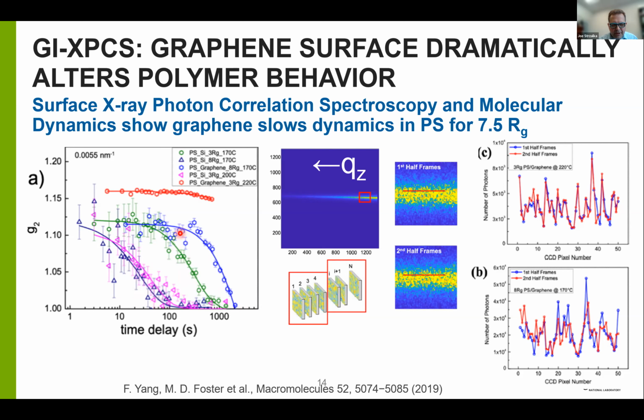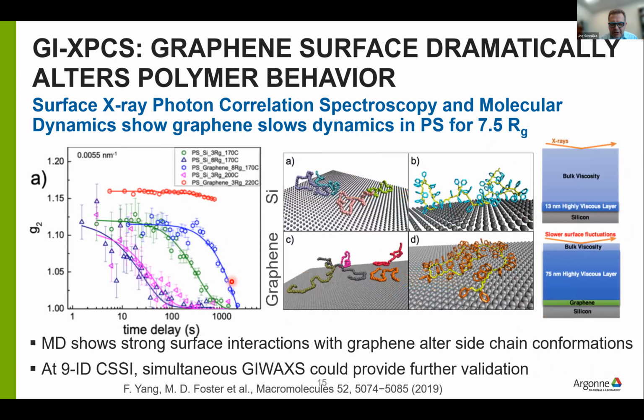And so putting down a graphene interlayer between the silicon substrate and the polystyrene film really slows things down. Actually, the red one is with comparable thickness to the other colors, and the blue one is at 8 times the radius of gyration. And I'll just point out, molecular dynamics simulations help interpret these results.